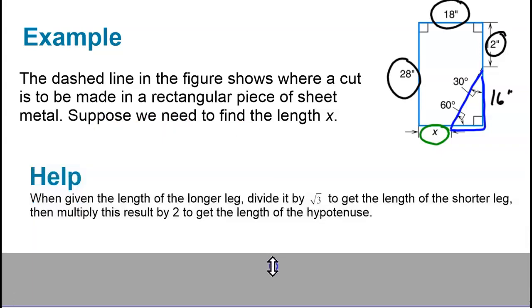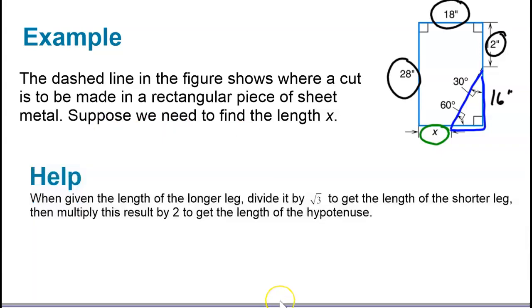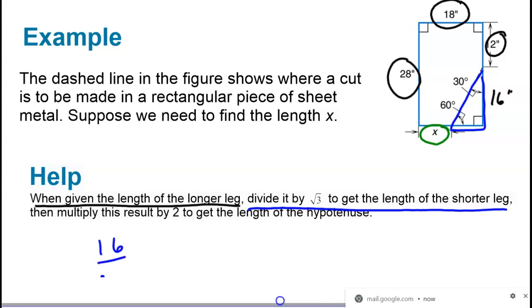Okay, so with the rule, what we're going to do is we say the rule is when given the length of the longer leg, we're going to divide it by the square root of 3 to get the length of the shorter leg. So the length of the longer leg is 16, and we're going to divide it by the square root of 3.